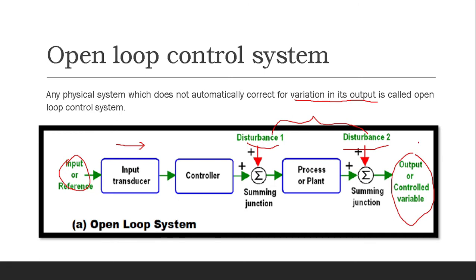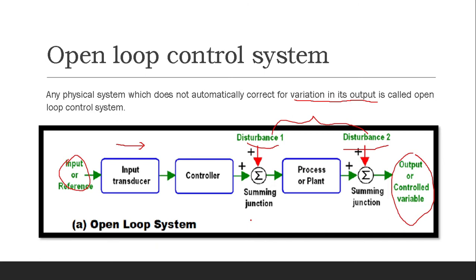That is one of the disadvantages of open loop control system, because if a disturbance is introduced at any point in a process, your output is going to vary in an uncontrolled manner, and you will not get your desired output. And you cannot even check whether your output is correct or not, because here we do not have a feedback path.